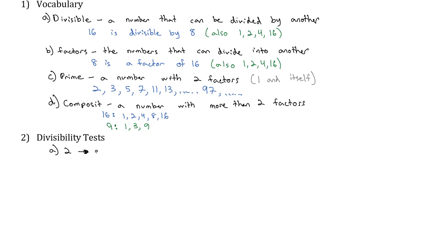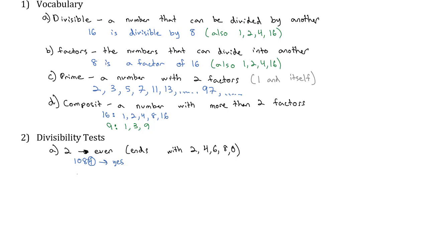Well, the way we know is we say it is even, or it ends with either 2, 4, 6, 8, or a 0. So, for example, the number 1084, because it ends in a 4, we say, yes, it can be divided by 2, because that last digit is a 4.